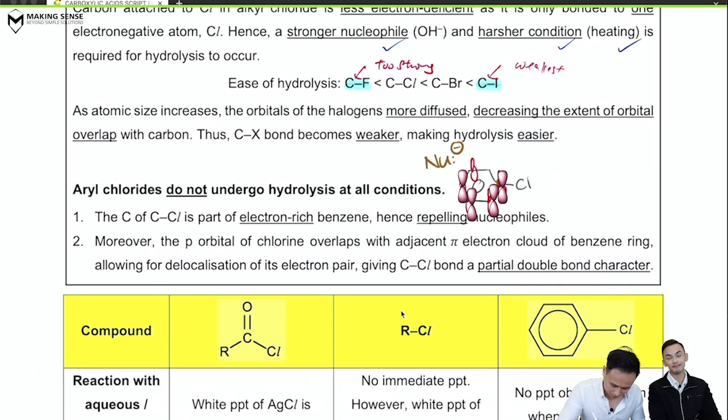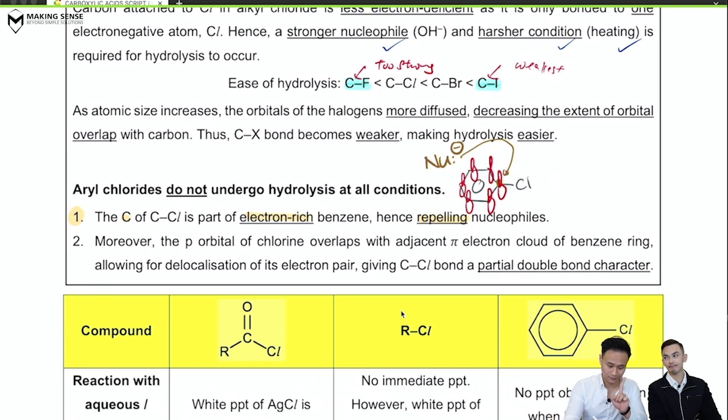So that carbon there is not that electron poor; it's actually electron rich. If the nucleophile tries to come in to attack this carbon, there is no way, it will definitely repel. Reason number one: the carbon is electron rich and repels nucleophiles away.